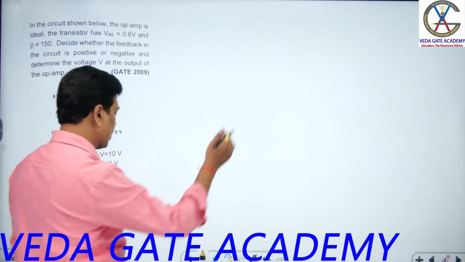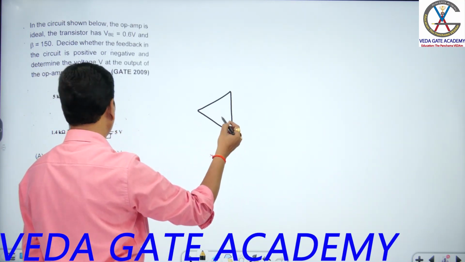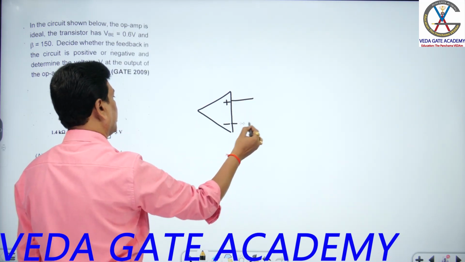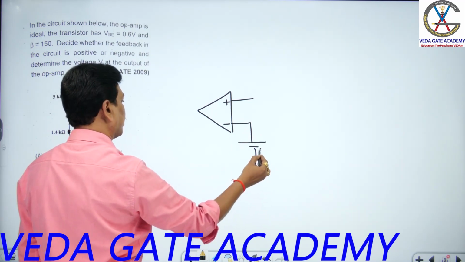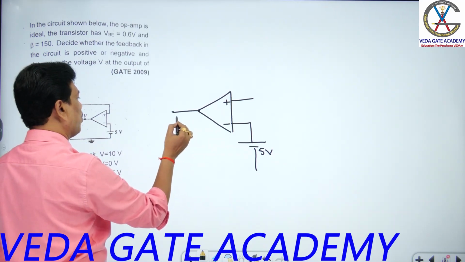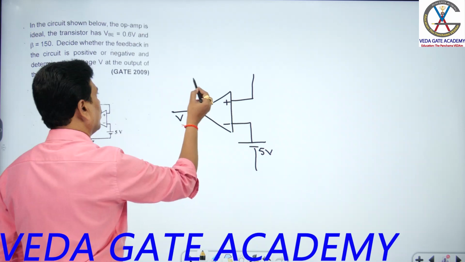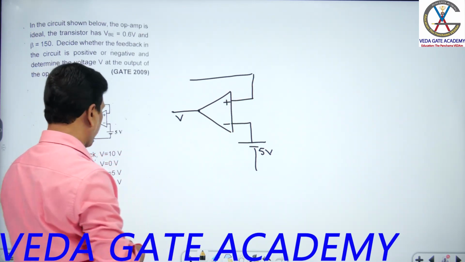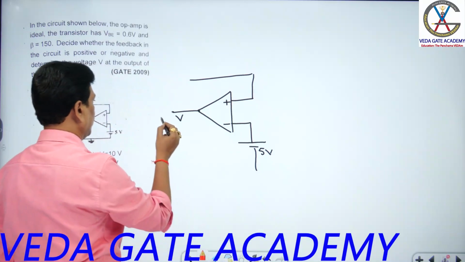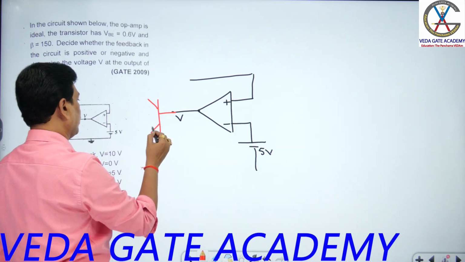So now I redraw the circuit diagram first. This is the circuit diagram we are given. Plus, minus. Here a 5 volt source is there. This is the node V. Now I connect a transistor at the node V. This is the emitter node.